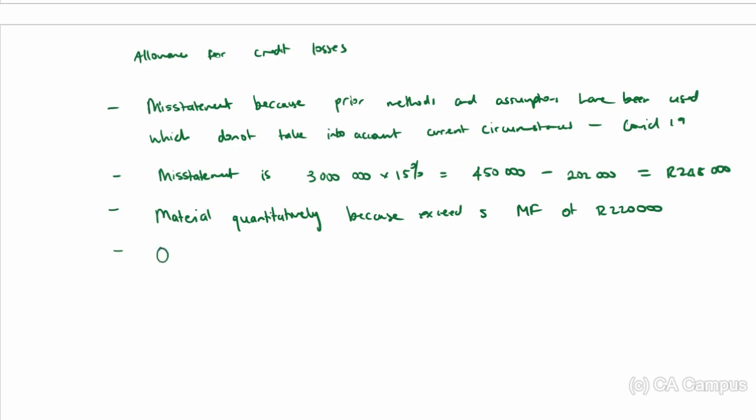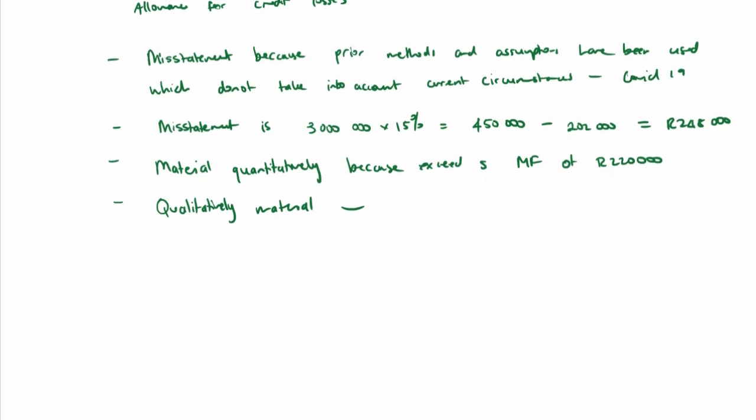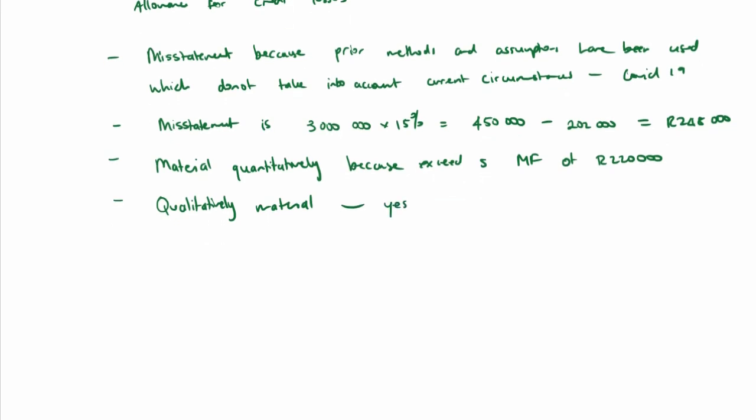Is it qualitatively? And here, I think you could go with either. Here you could say yes, because it affects key ratios like liquidity and solvency, because it's going to affect your assets. I prefer to go the conservative approach and say that it is qualitatively because of the key ratios, or if you want to say because the methodology doesn't seem to be reasonable.